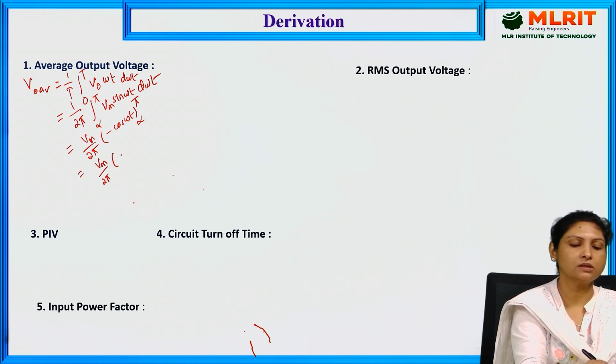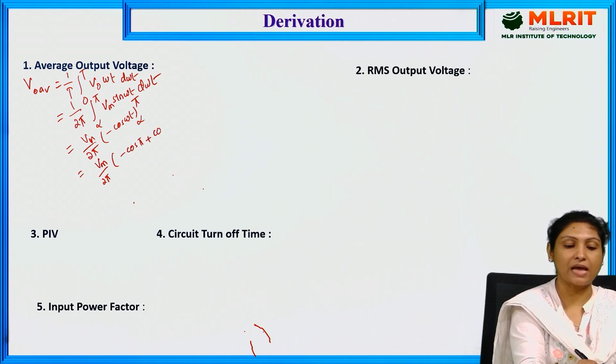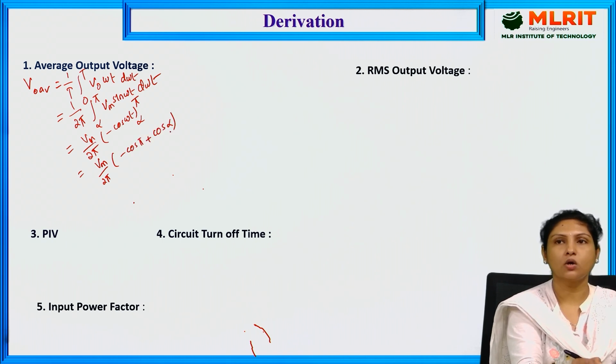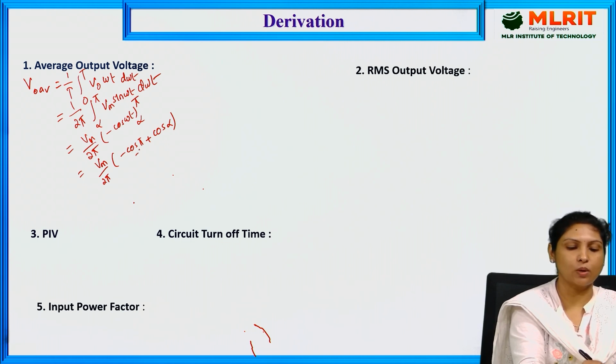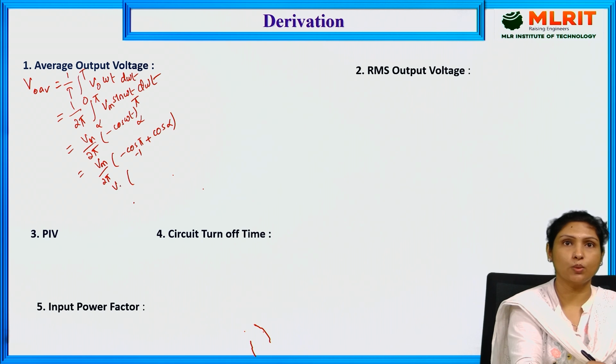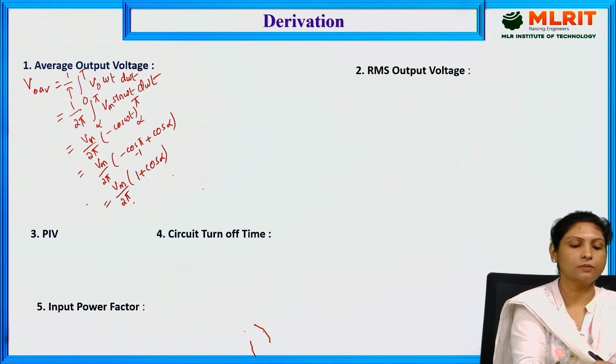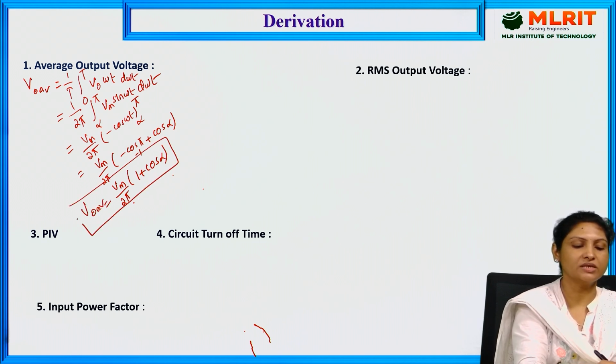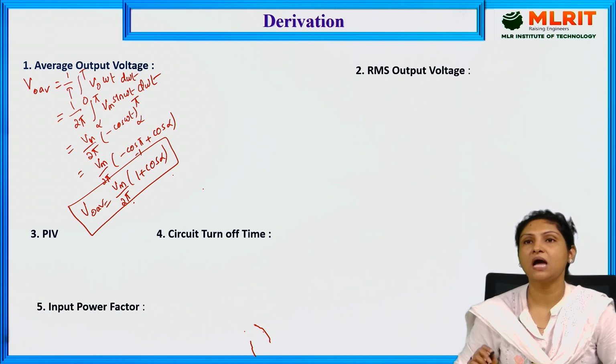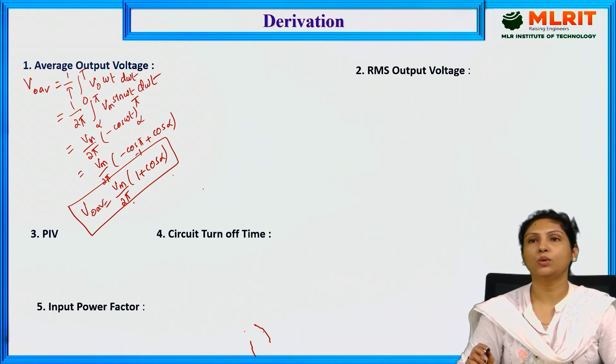Upper limit is minus cos pi, minus of minus plus cos alpha, where cos pi value is minus 1, minus of minus plus 1. In that case, we get Vm by 2 pi into 1 plus cos alpha. That is nothing but V0 average, the average output voltage expression for single phase half wave rectifier with resistive load.